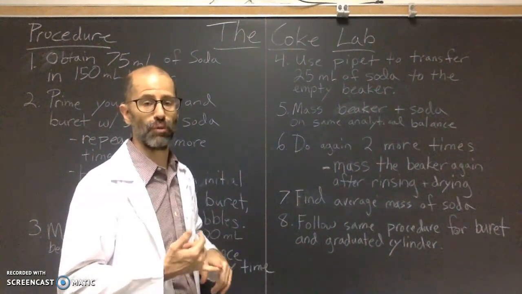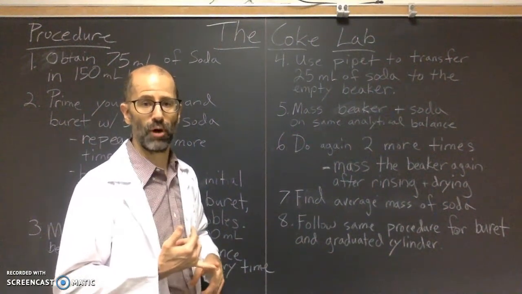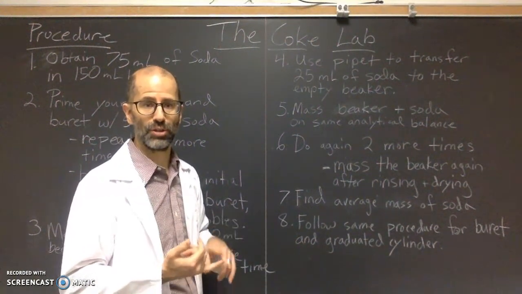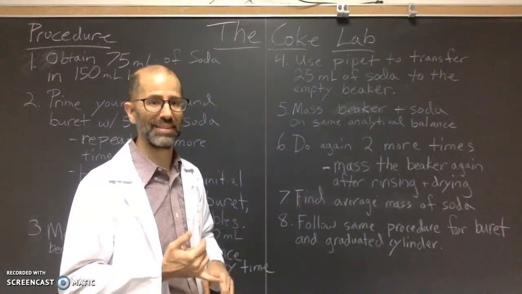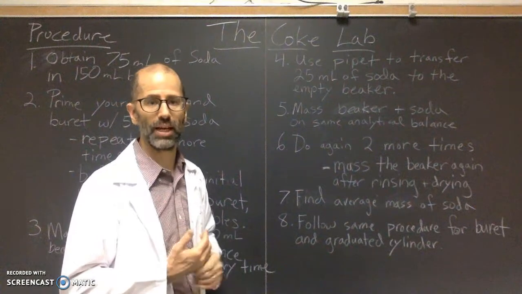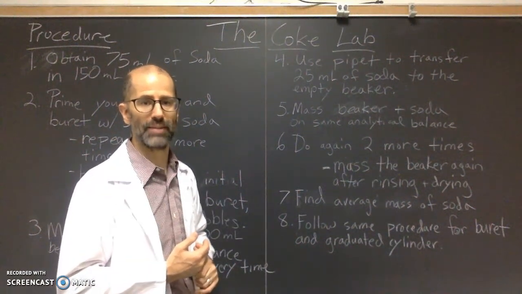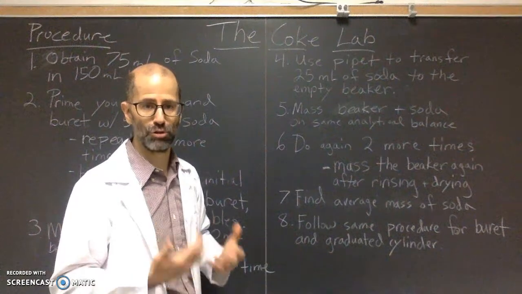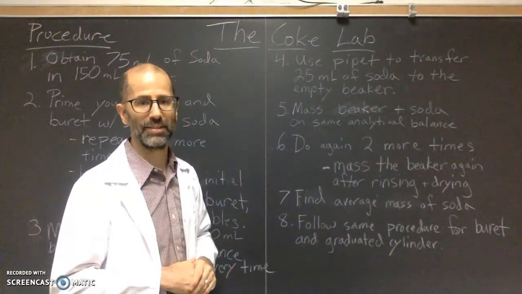They measure to the 4th decimal place, so they're very, very sensitive for any changes. So if there's just a little bit of residue left over, or if you left lint in the beaker because you're using paper towels, or whatever the case may be, you need to make sure that you know the mass of that beaker. You just can't assume that, oh, it's got to be the same. Well, no, that's a bad assumption.